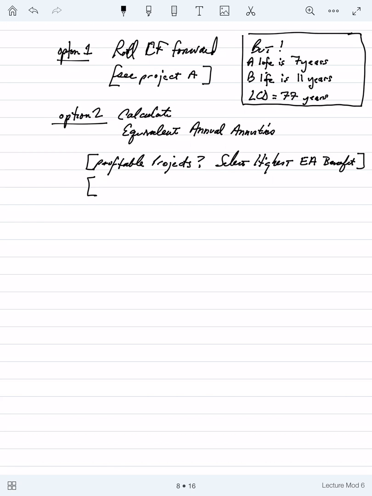What if instead it's a cost minimization kind of process? Maybe the project is aimed at minimizing costs. Now you should select the option with the lowest negative annuity, that's the lowest annual cost.